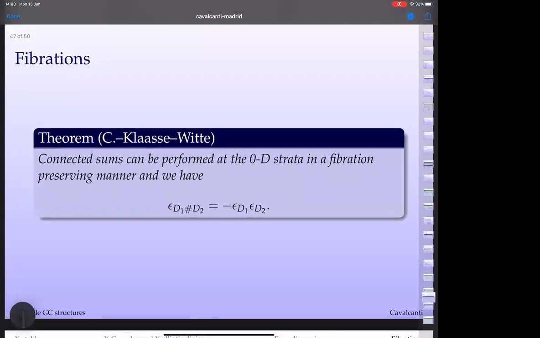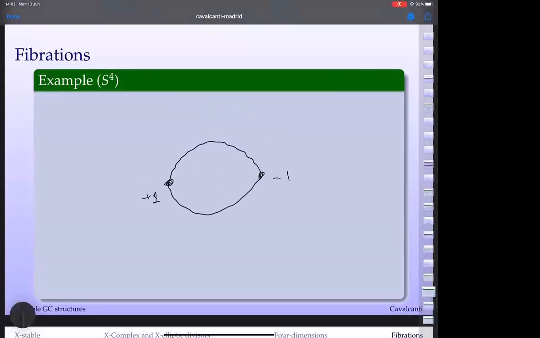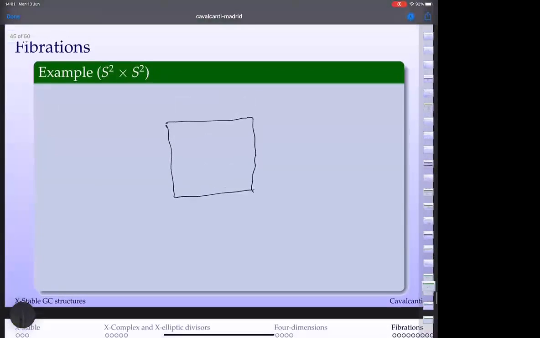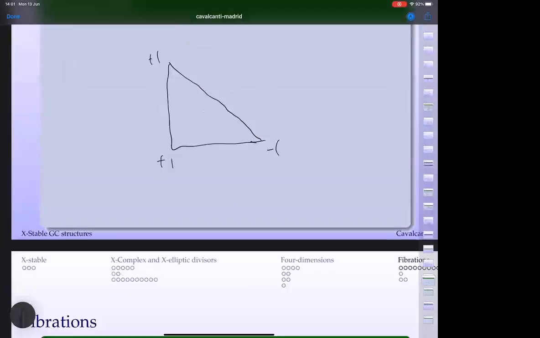So another nice feature is that connected sums can also be performed in a fibration preserving manner. From these examples that I have here, I can not only do the connected sum that I described before, but I can even do it in a way that preserves the fibration structure. So I can start picking these examples and just adding them together to get a fibered Gromov complex structure.